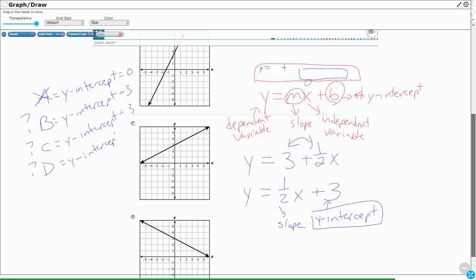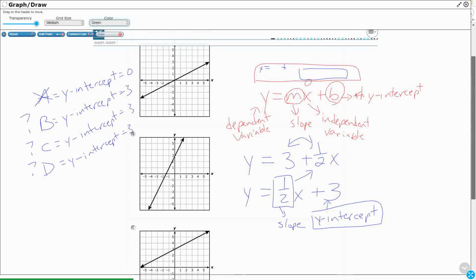Now, one thing that we should have learned this year is that our slope here is positive. If it's a positive 1/2, that means it's moving up when you go from left to right. So let's take a look at what we have on B, C, and D. B is positive, so that's still good.